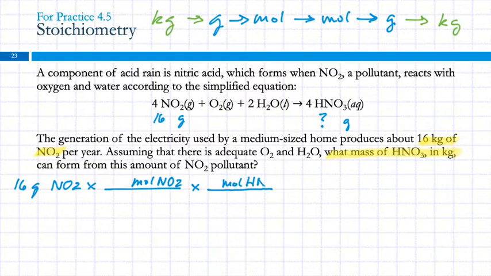HNO3, the thing I'm trying to find. And from moles of HNO3, I'm going to go to grams of HNO3. The previous unit comes down here in the denominator because I want those to cancel out.